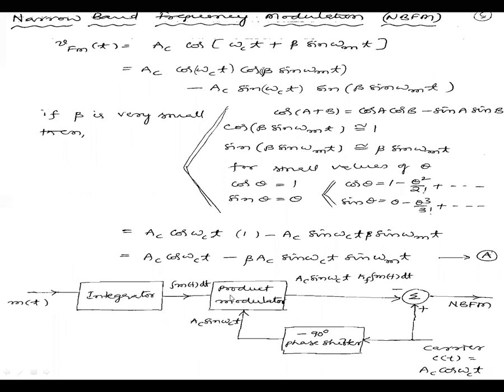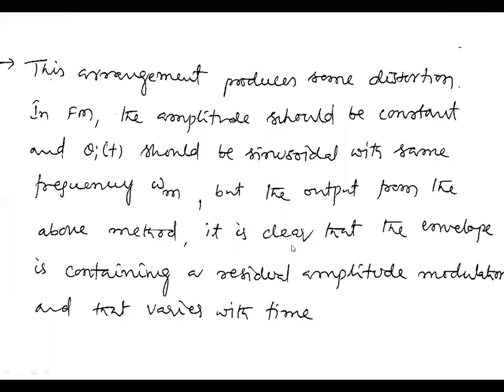Both these terms are multiplied in the product modulators, and the output is given to a summation, that is narrowband FM. It has some distortions: phase distortion and frequency distortion also. So the distortion takes place in narrowband FM.